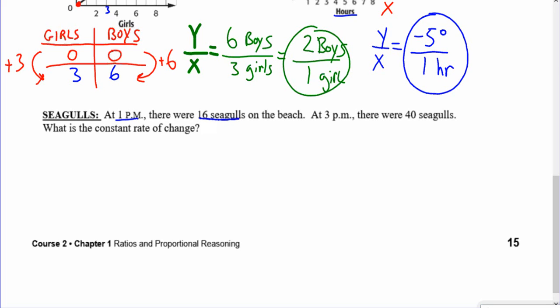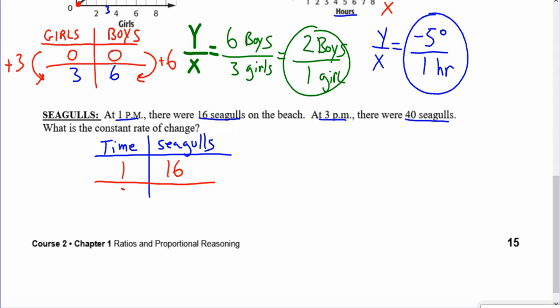The next one deals with seagulls. At 1 o'clock, there were 16 seagulls on the beach. At 3 o'clock, there were 40 seagulls on the beach. What is the constant rate of change? Well, so what do we have? We have time and we have seagulls. So let's see. At 1 o'clock, there were 16 seagulls.